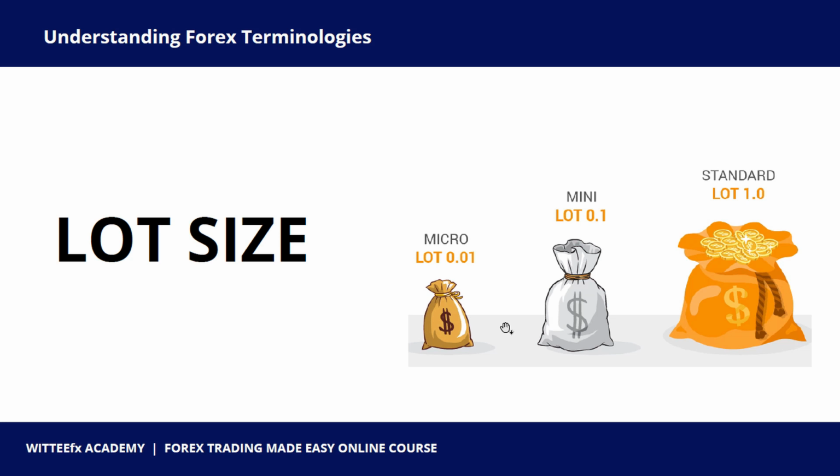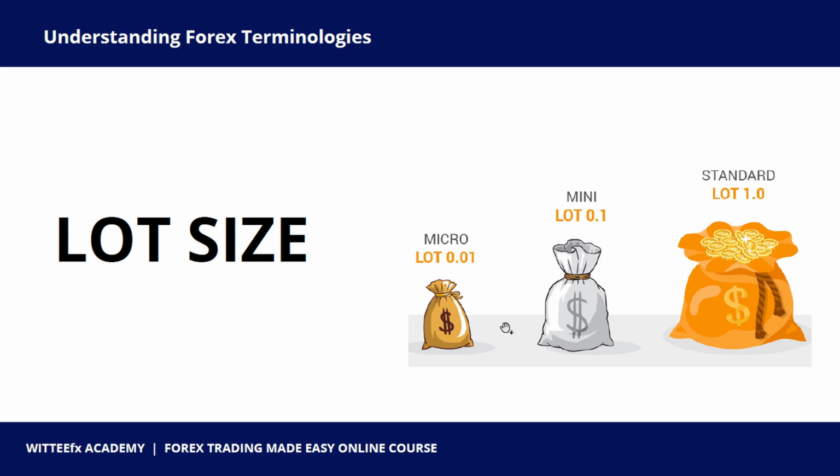So for lot size, we have basically 3 types of lot size, which are micro lot sizes, mini lot sizes, and standard lot sizes. For the micro lot size, it ranges from 0.01 lot size up to 0.09 lot size. However, you add 1 to that, it automatically becomes a mini lot size, which ranges from 0.10 lot size to 0.99 lot size.